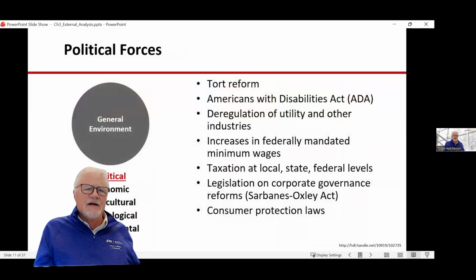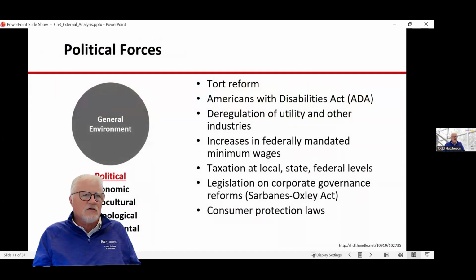So political, just to give some examples of what political forces might look like. Things that have to do with the political landscape: tort reform, acts that happen, such as the Americans with Disabilities Act, deregulation of utilities or other industries, increases in minimum wages, taxation at different levels, legislation on corporate governance reforms, consumer protection laws, and I probably should have put etcetera on each of these charts, because this is not an attempt to list everything that might impact.